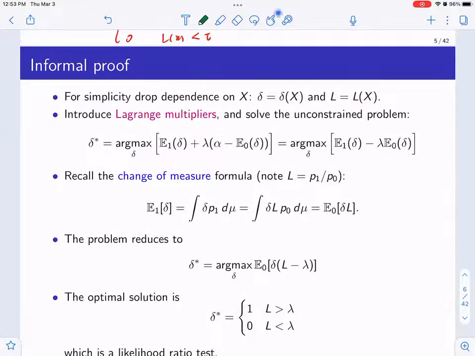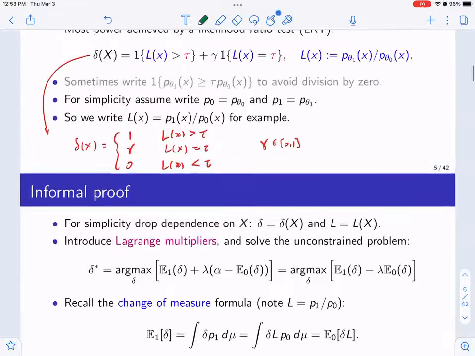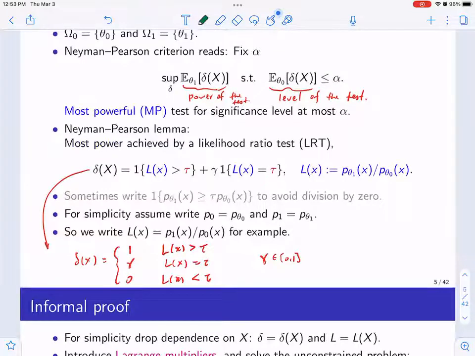Otherwise, this is an informal proof, which I think is interesting, maybe more informative than the formal proof. The idea is this is an optimization problem. I have two expectations here, but they're under different parameters. There is a way to translate expectations under one probability distribution to another.